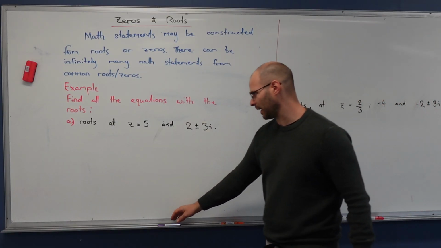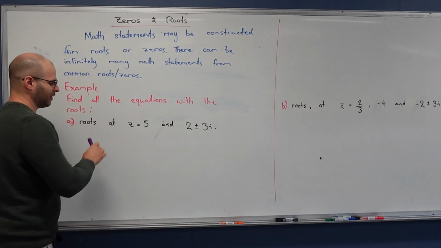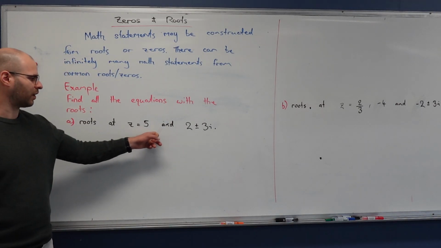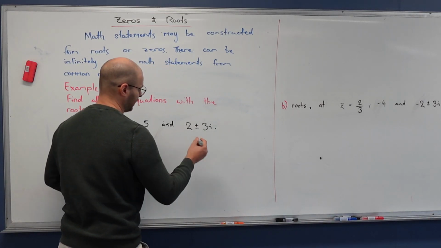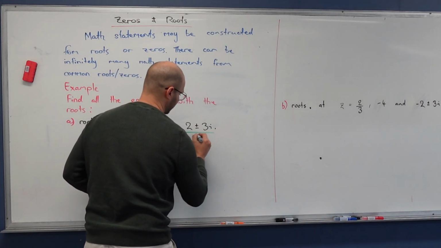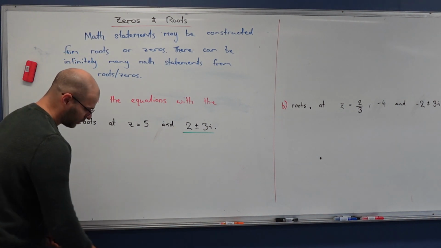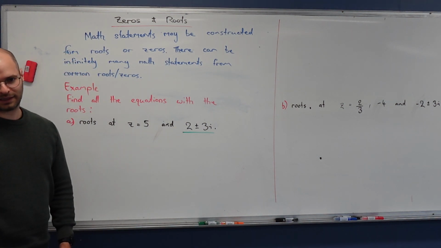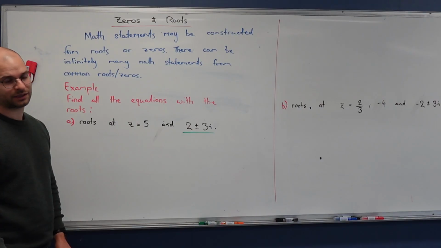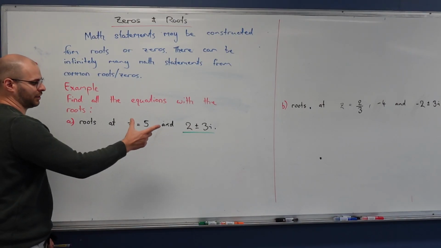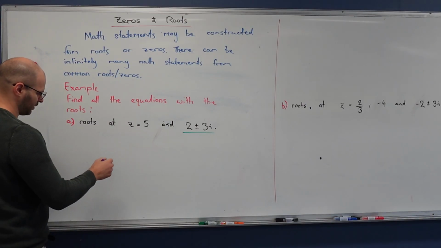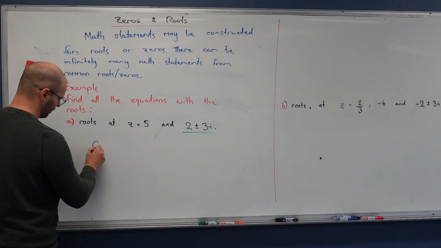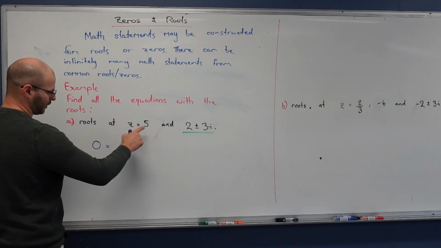Now if we have a look at this one over here, we have roots at z equals 5, and then we have these complex roots over here, 2 plus or minus 3i. Now, if I said, can you make me an expression that has this zero, what would it be?